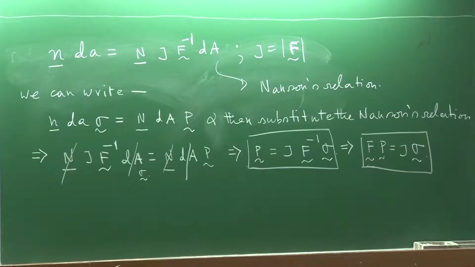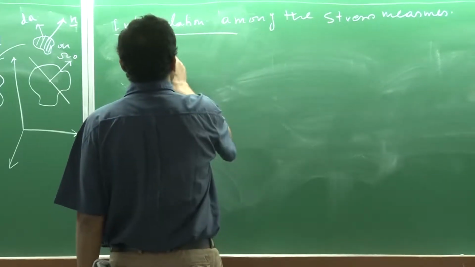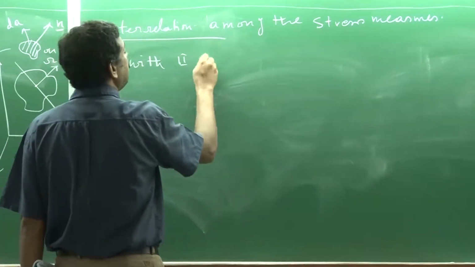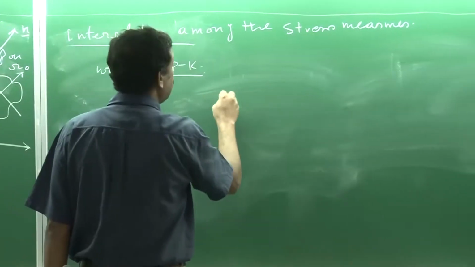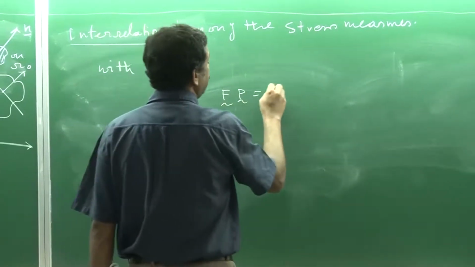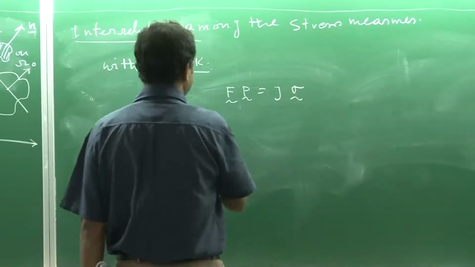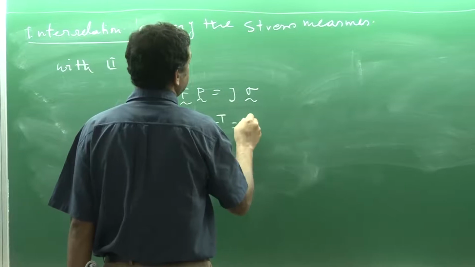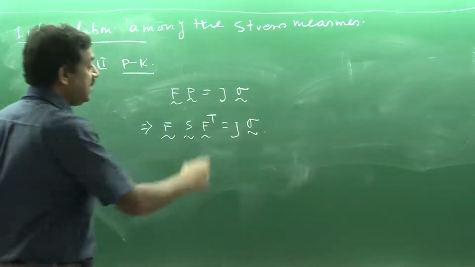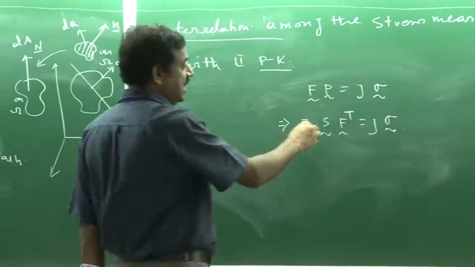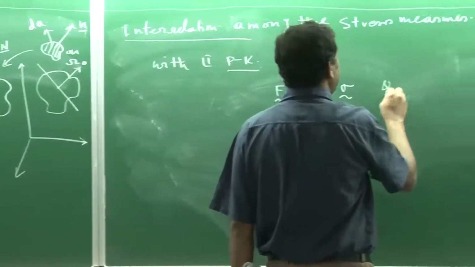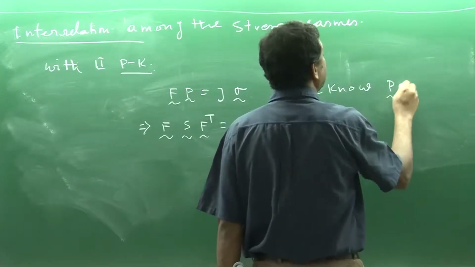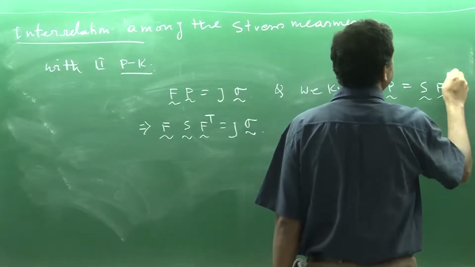Now, if you want to relate with the second Piola-Kirchhoff, it is very simple. We see that F P is J sigma, and P is nothing but S F transpose, since the second Piola-Kirchhoff stress tensor comes from the first Piola-Kirchhoff stress tensor.